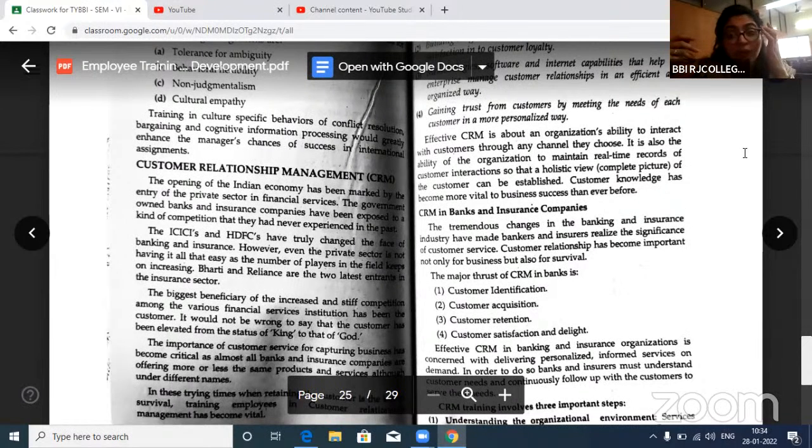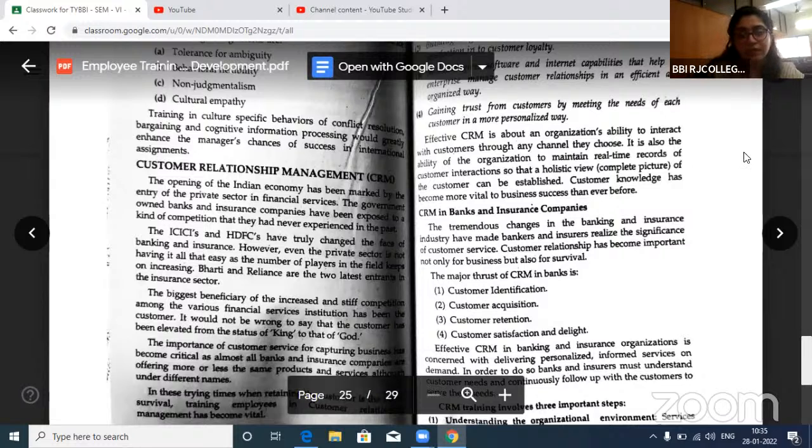If your employees are not good to customers, then how will you be able to build good relations with customers? If you want your customer to be with you only to buy your company's products, then you need to train employees as to how to deal with customers, how to solve their complaints, their grievances, how to make them feel that they are very, very important to our company.